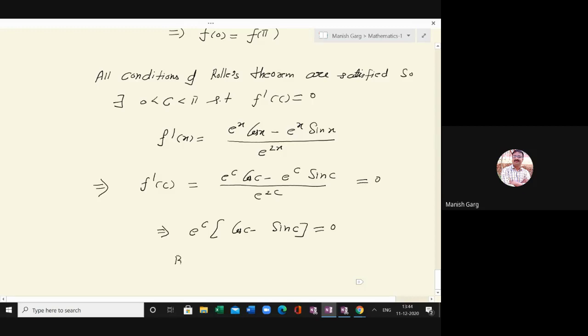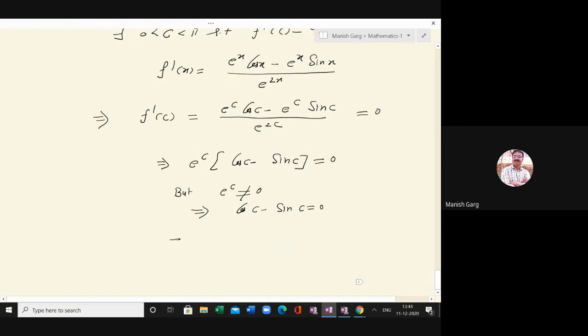But e^c is not equal to 0. So cos c minus sin c is equal to 0. So tan c is equal to 1, or finally c is pi by 4, which clearly belongs to (0, pi).